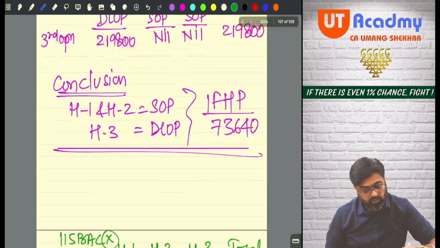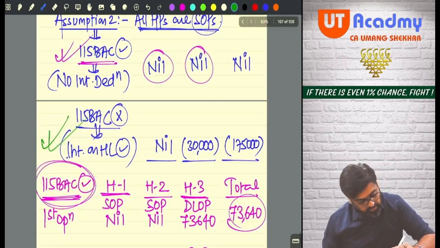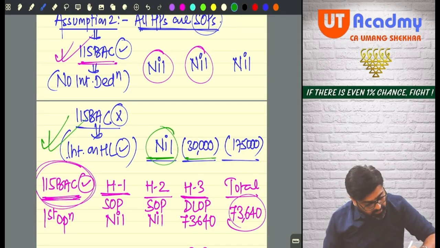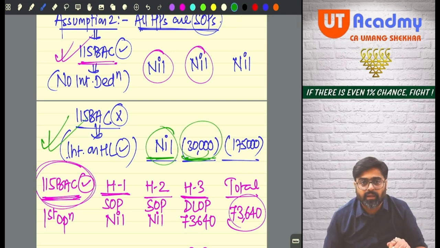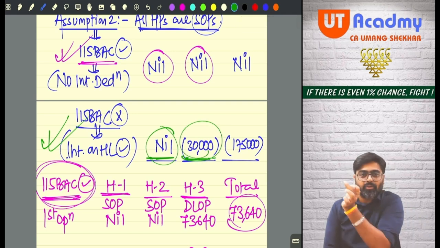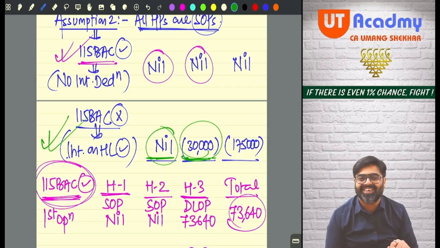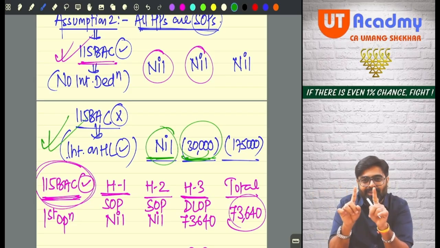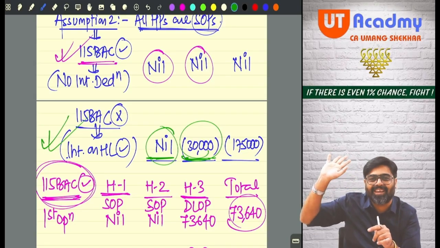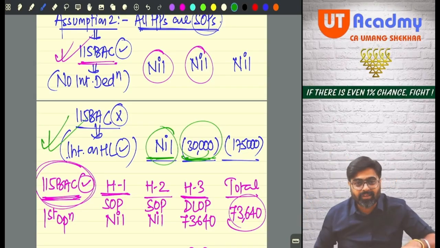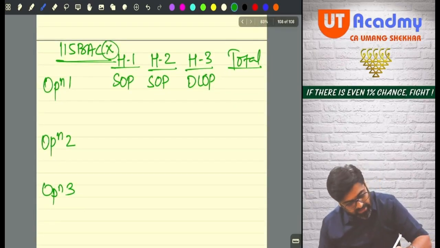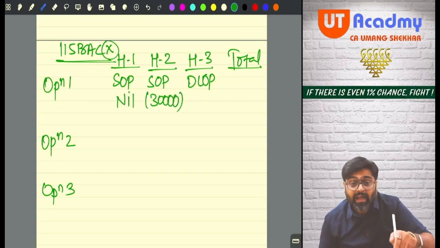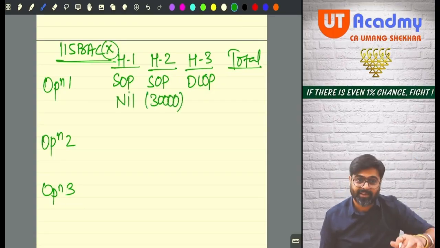Now tell me, can I say first is SOP, then the income is nil? Second is SOP, then the income is negative 30. And both taken together, the interest does not exceed 30 also. Interest for first is nil, interest for second is 30. Both taken together, interest does not exceed 30. So can I say here I will write nil and here I will write negative 30, and house 3 is DLOP, first table.